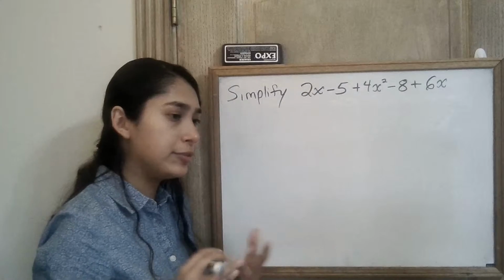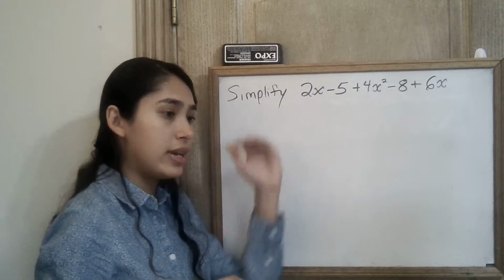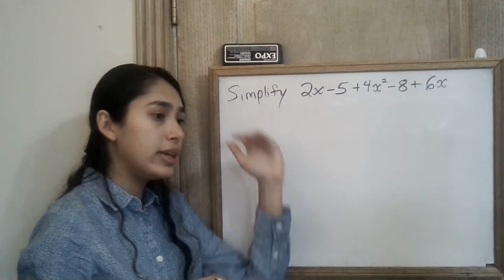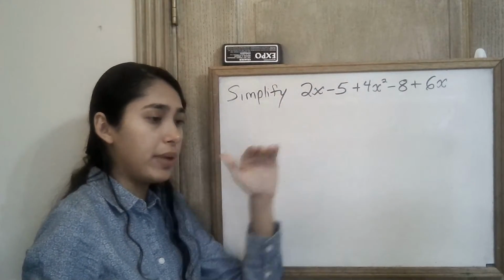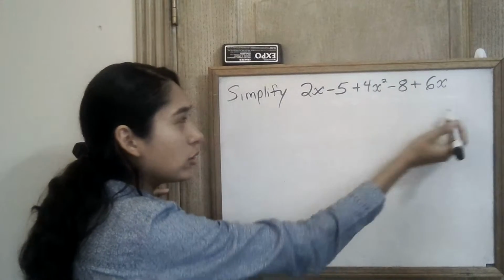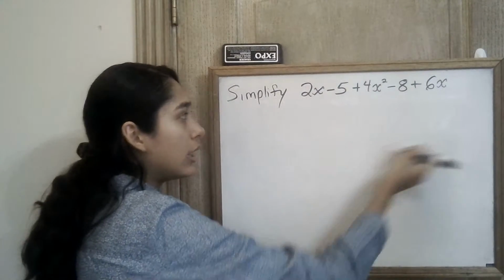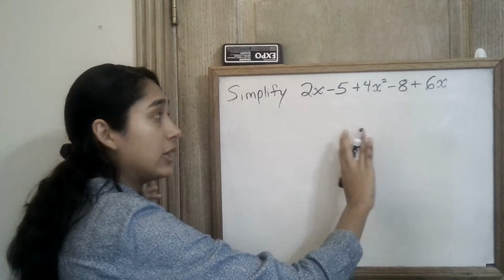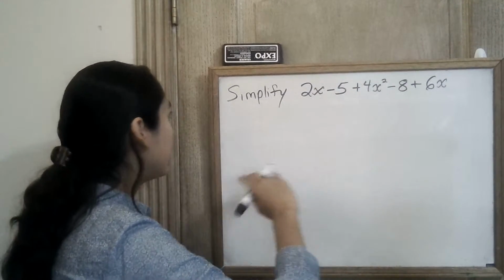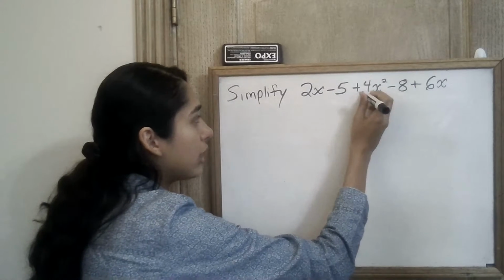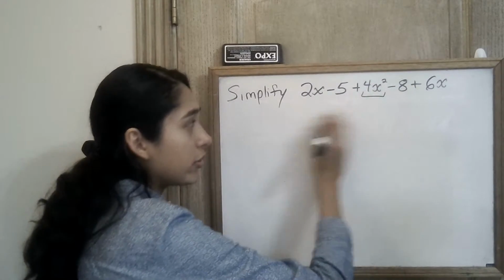It's kind of like royalty, like king and queen, nobles, and common people, you list them by power. So 4x squared, is there anything else with the same power as x? I also want to point out that the only variable we're dealing with is x. There are no y's, a's, or z's. So we just have 4x to the power 2, and there's nothing like it.